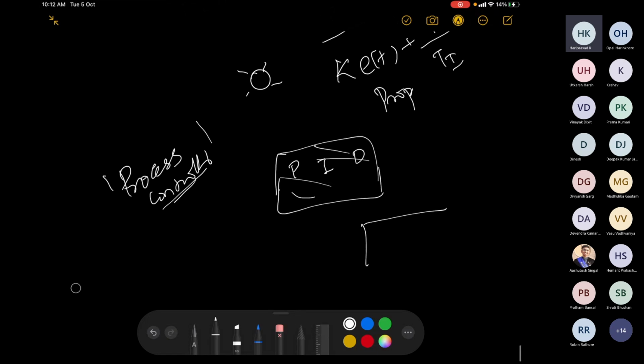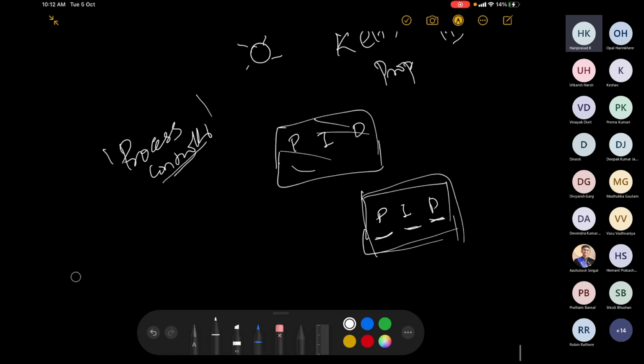It would be a box, maybe thick, and maybe look like a slice of bread. On the top you would see some knobs, maybe written P with some range of values, integral for a range of values, derivative for a range of values. And of course, inside, they would have implemented the circuit.